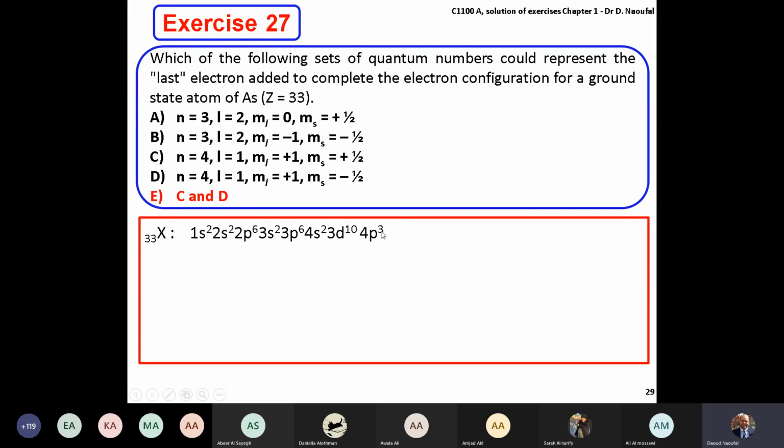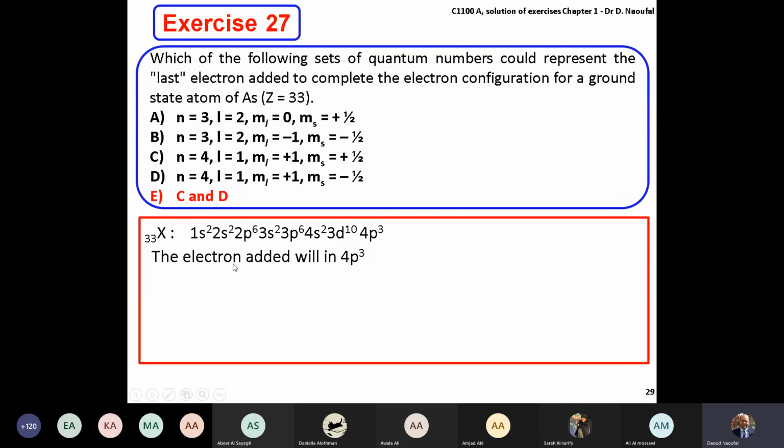The question is, if we want to add an electron by theory, it should be added in 4p3 since 4p3 has 3 vacant orbitals. This is the rule. But if we talk about the electron affinity, we will say the electron would not be added easily. This is another question.